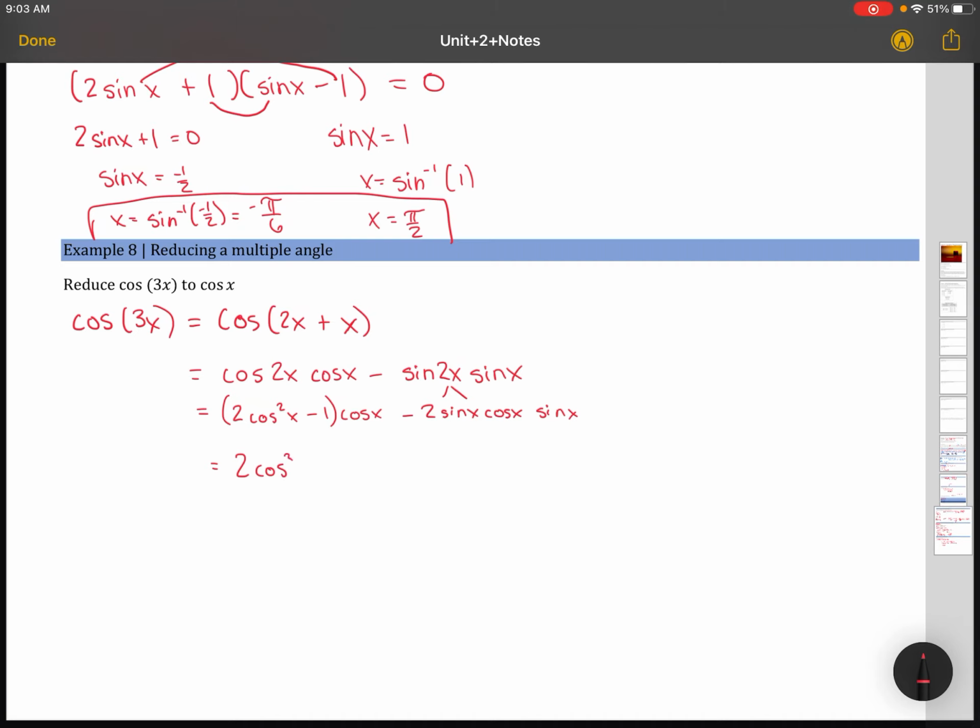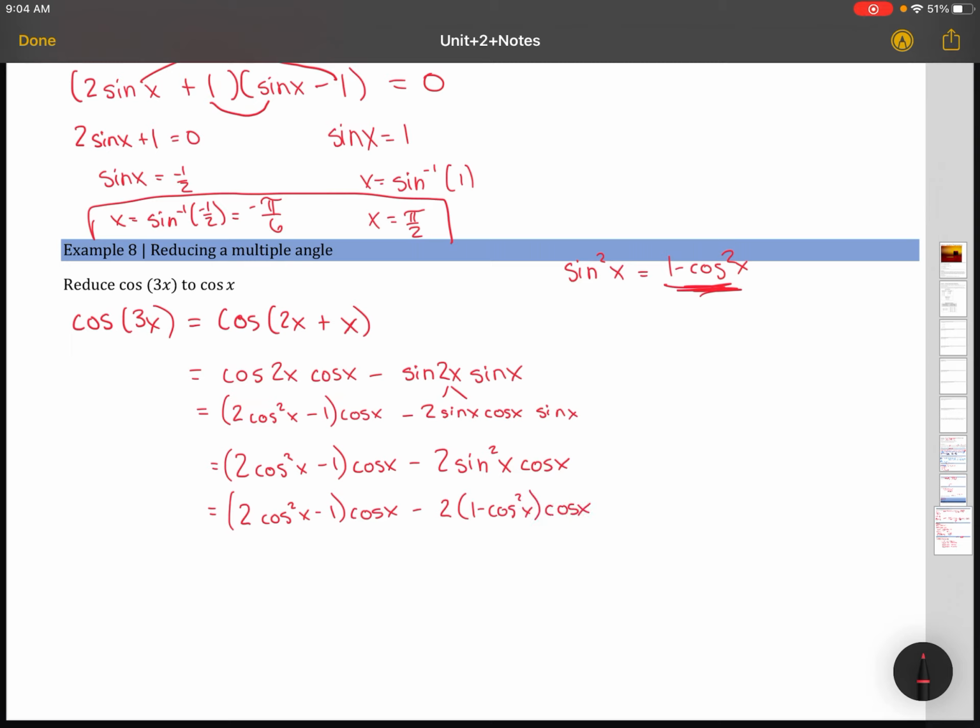So we end up with 2 cosine squared x minus 1 times cosine x minus 2 sine squared x cosine x. Now remember that sine squared x is equal to 1 minus cosine squared x. So 2 times 1 minus cosine squared x times cosine x.